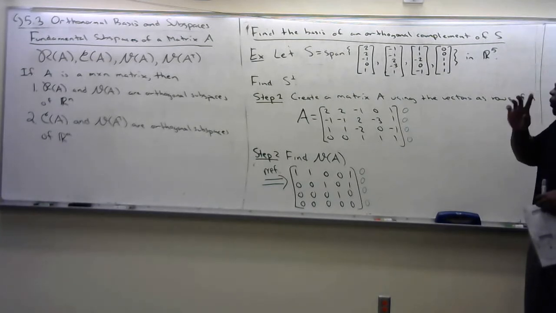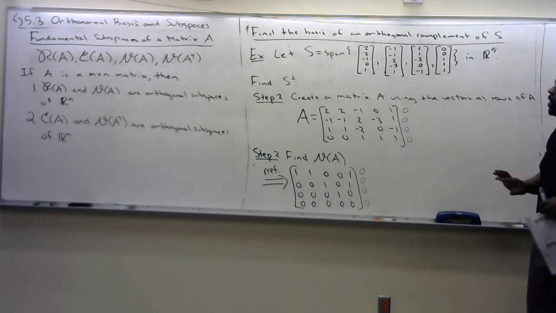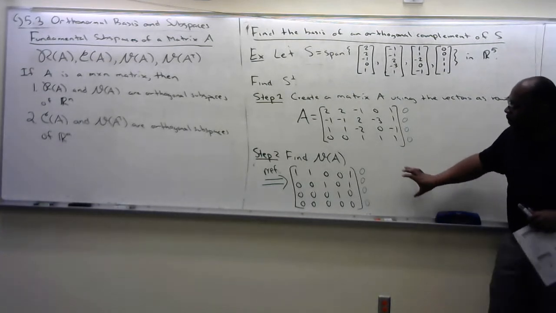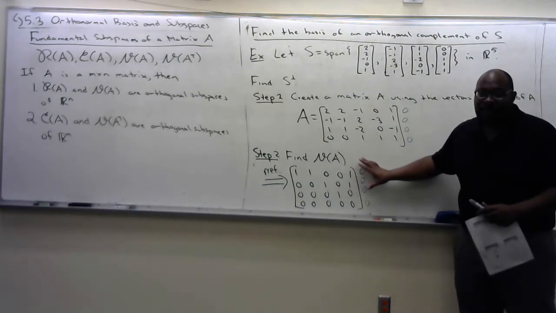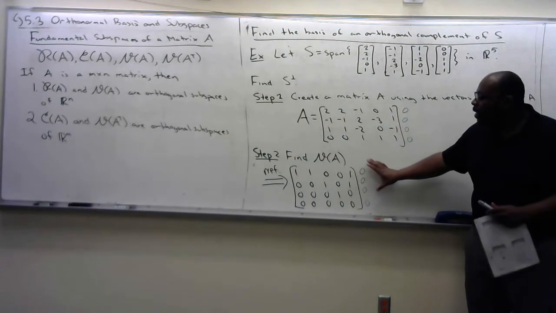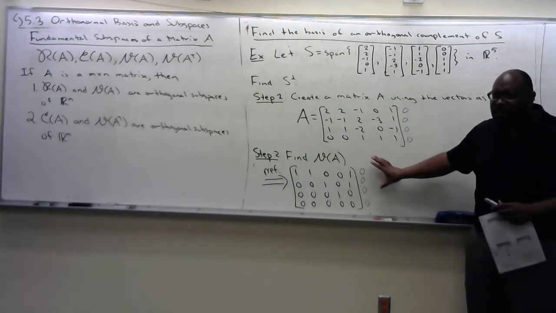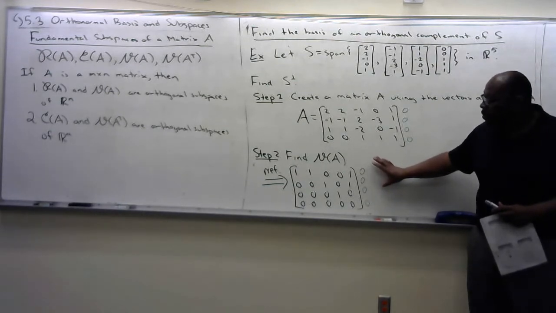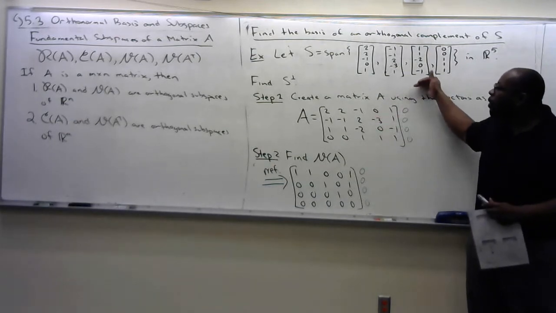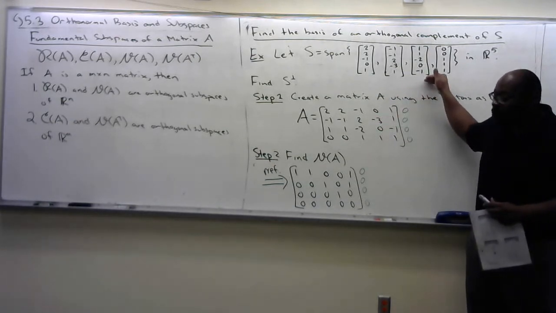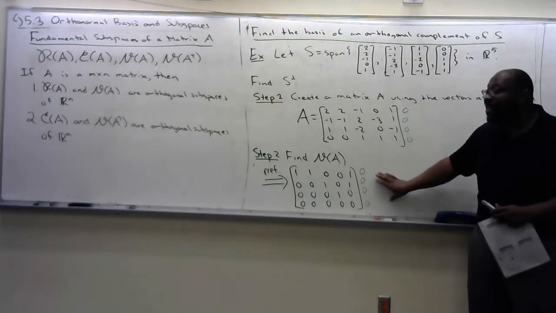Before we continue, I want to talk about this for a second. What is the dimension of S? Can you tell what the dimension of S is in this case? When we took the reduced row echelon form, we got rid of all the vectors we didn't need, leaving only the ones we did need.